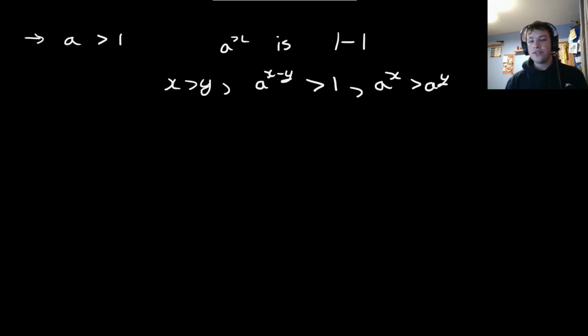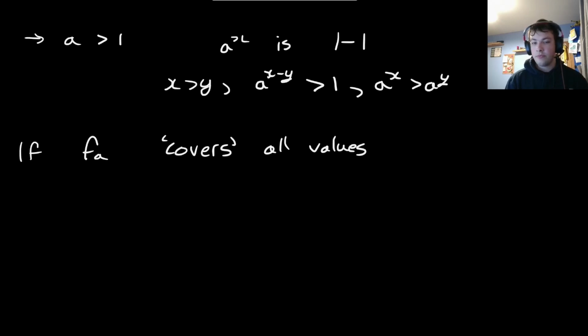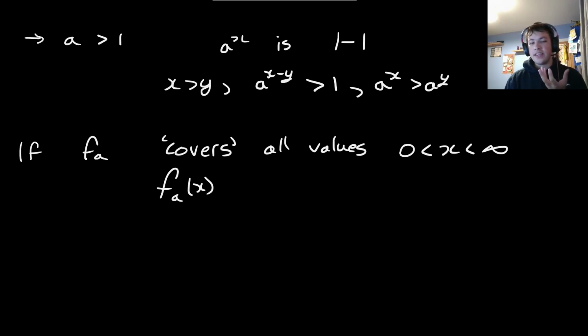And then we can say that it's also surjective because we use the intermediate value theorem. So basically that says that if fa covers all values between 0 and infinity, what do we mean? Well, we mean that the greatest lower bound of the values fa of x is greater than 0, but you can't say that it's greater than anything greater than 0.